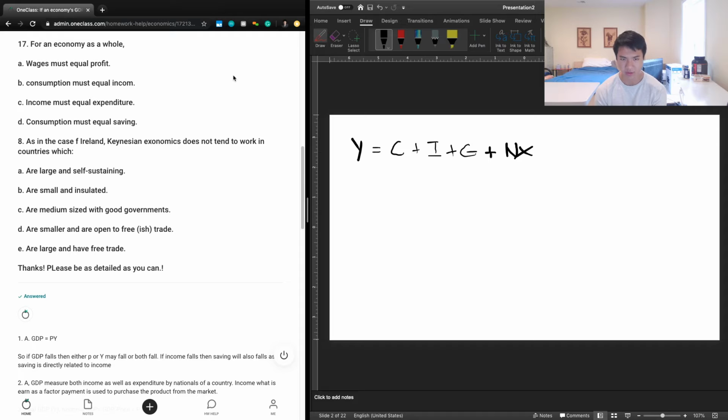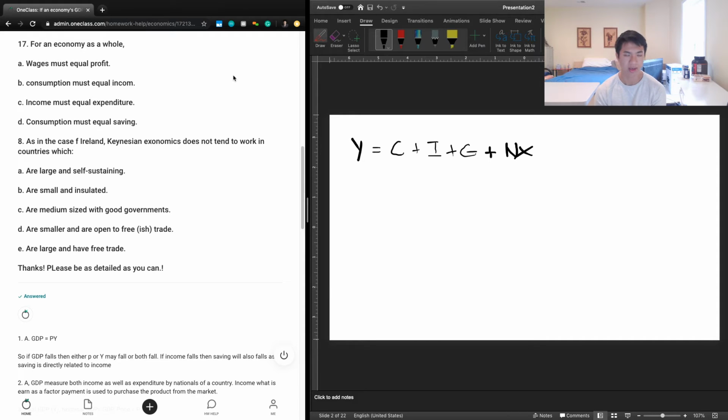Any person's expenditure must end up being someone else's income. That is why we can take two entirely different approaches to calculating GDP, one by adding up everybody's income and another by adding up all the expenditures of the people to come up with the same figure. That relationship is key, and therefore for an economy as a whole, we would see that to be true.